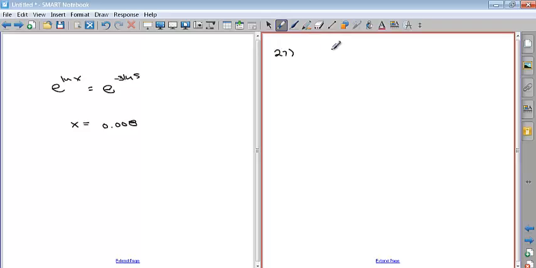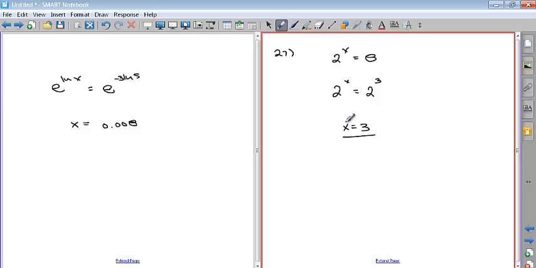Okay, next one. Approximate the point of intersection of the graphs. To find the point of intersection of any two graphs, you just set the two functions equal to each other. So you get 2 to the x is equal to 8. One way of solving this would be to rewrite 8 as 2 cubed, so that we have the same base, and then you set the exponents equal to each other.